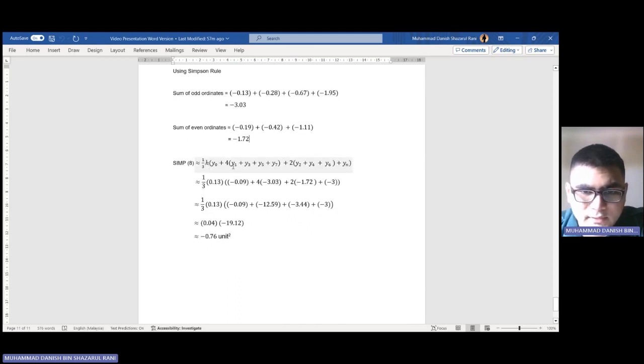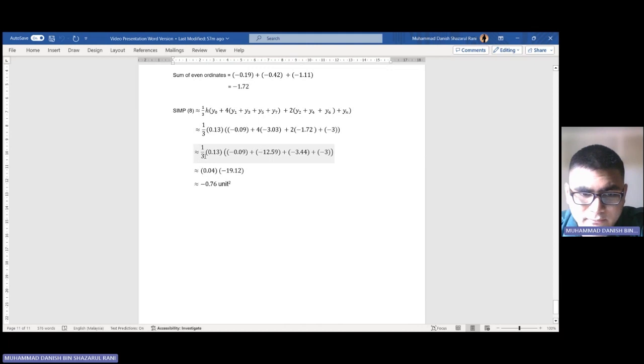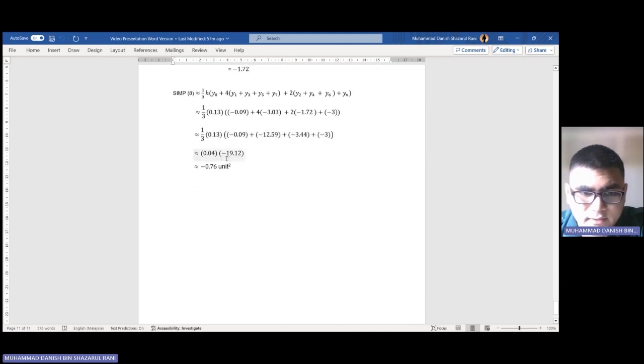For Simpson's rule, the formula is 1 over 3 h, the first ordinate y0, plus 4 times the odd ordinates, which are y1, y3, y5 and y7, plus 2 times the even ordinates, which are y2, y4 and y6, plus the last ordinate. You can see this is the equation. Solve it all, and you will get 0.04 times -19.12, and your answer should be -0.76 unit square.